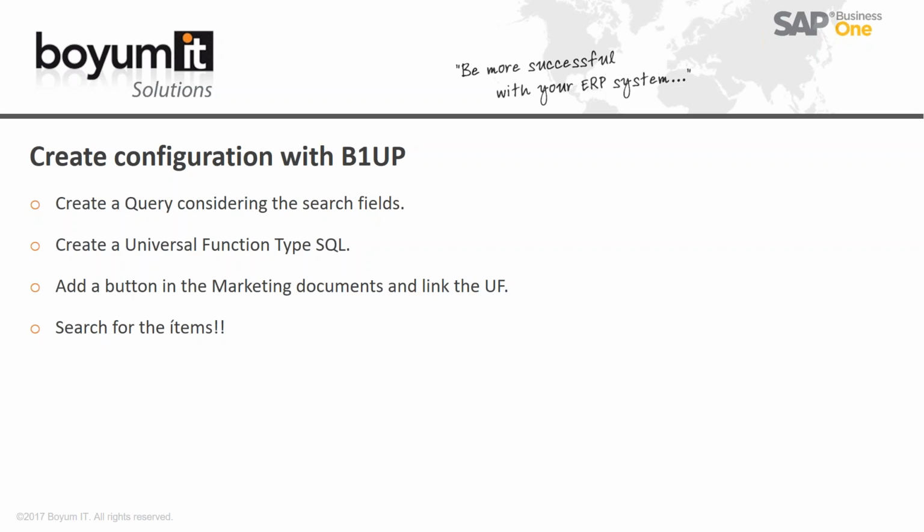I think the only complicated part is the creation of the query, because some customers may ask for additional information, additional conditions, for example, if it's a specific customer, or if the selected customer belongs to a customer group, then you have to add more filters and more validations. But the configuration needed, the universal function type SQL, the button, is quite easy to set up and use with the standard B1 usability package tools.